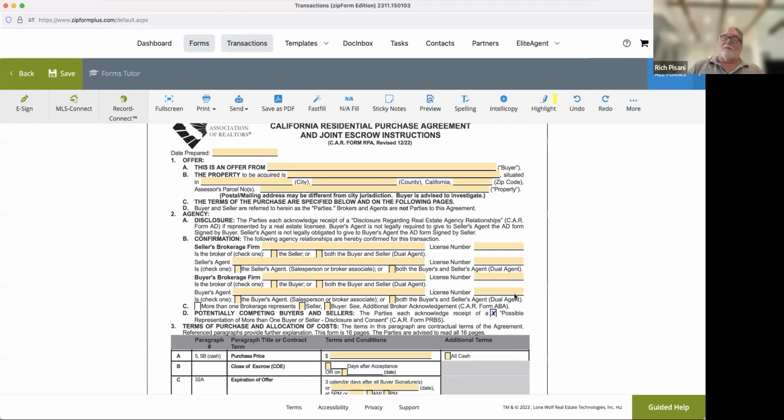There's another form, a seller non-agency disclosure, saying, Mr. Seller, I'm not representing you in this transaction, but there is paperwork required by law that I will be giving you. And then vice versa for the buyer.